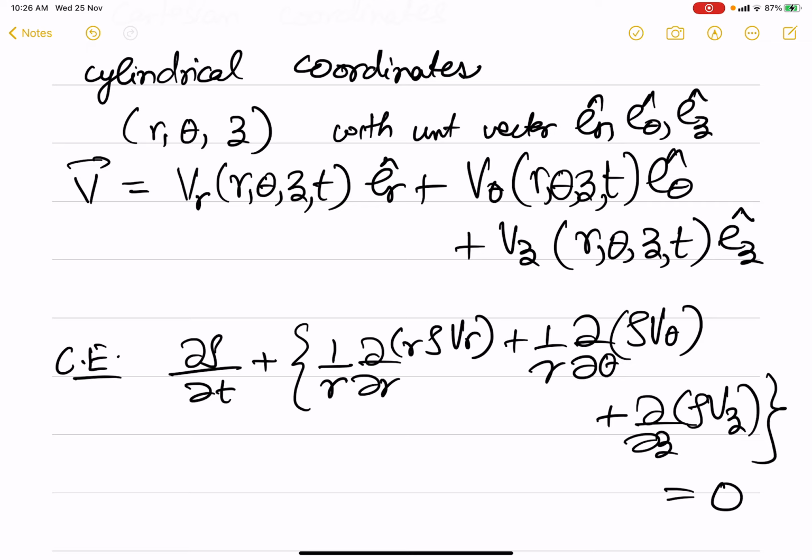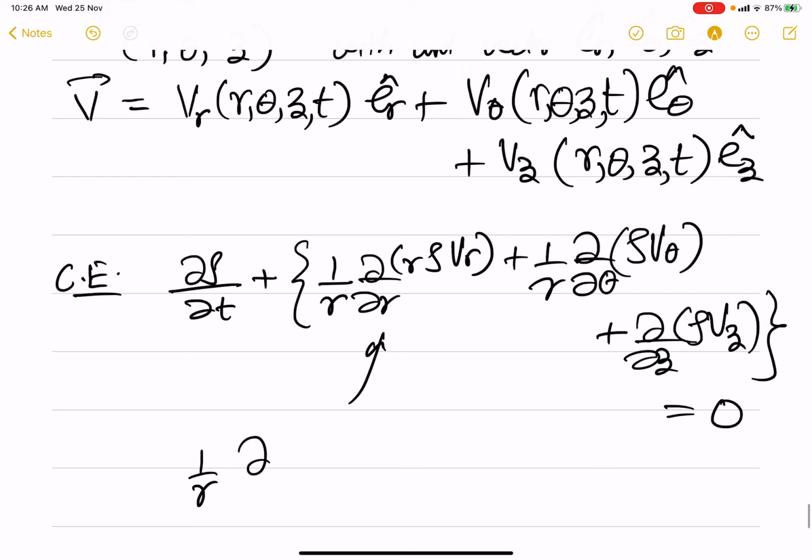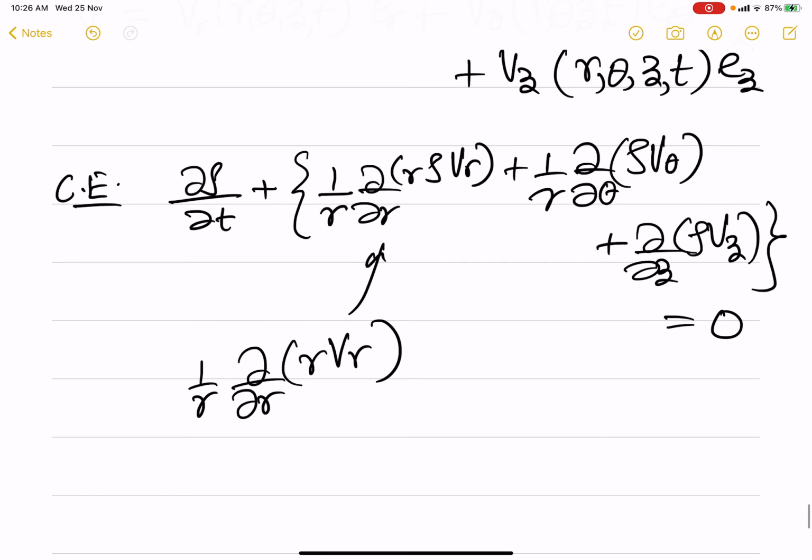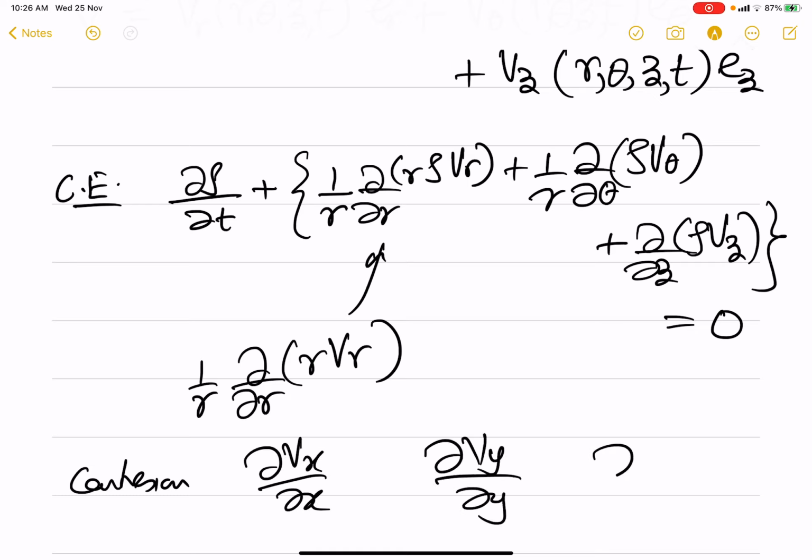Now notice that in the r component we have 1 over r d by dr of r Vr. Whereas in Cartesian coordinates we had things like partial Vx by partial x, partial Vy by partial y, partial Vz by partial z. But in cylindrical coordinates there is a partial by partial r of r Vr, and maybe you can think of this 1 over r as something which makes it dimensionally consistent.